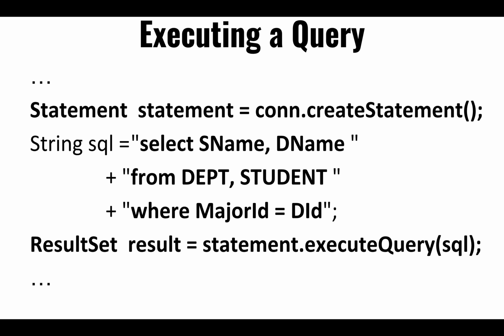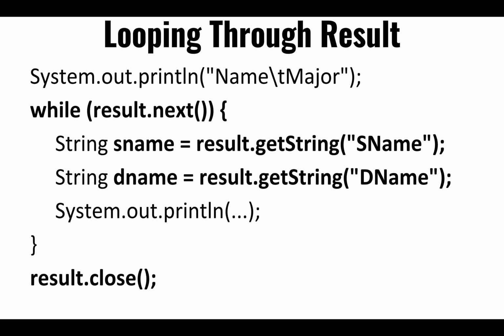In this particular case, we're querying the database, so we're expecting a result. So the statement has functions that allow you to execute a query or execute an update. In this case, it's a query. So we provide the SQL, and then we can iterate over the result set. The result set represents the rows that come back that meet the criteria of your query.